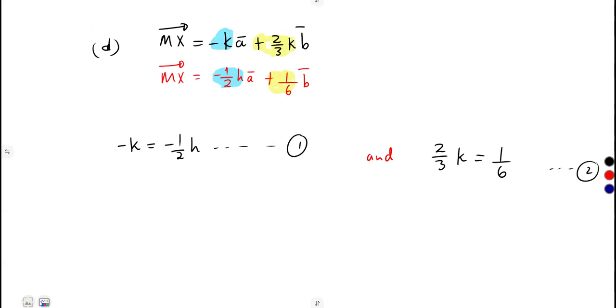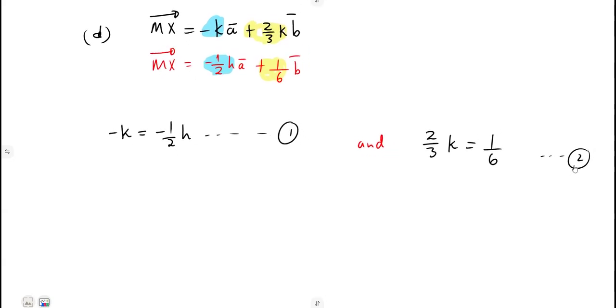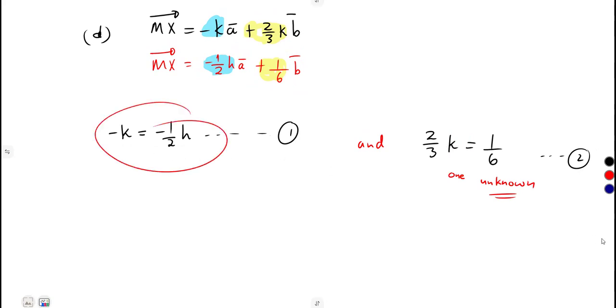Then you solve. But as we can see, these are two equations, guys. Solving these, sometimes take advantage of the equations. We can see that equation 2 has only one unknown. There's only one unknown value, k. So simply solve for k. Here there are two unknown values. So equation 2 is direct.